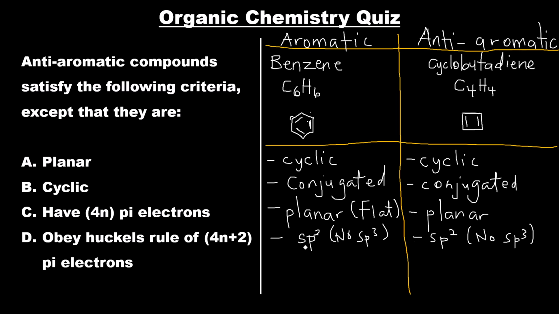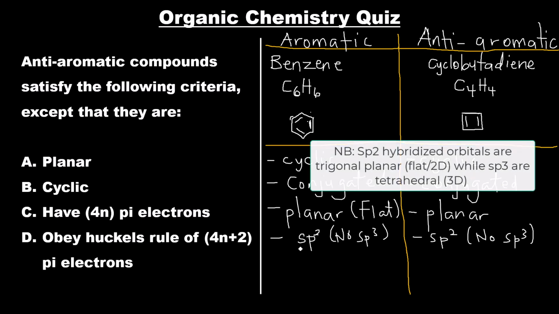Let's check that out and see if the carbon atoms here are all sp2 hybridized. Actually, for this benzene molecule, all the carbons here have only sp2 hybridization. The same thing applies to this molecule. All the carbons here have sp2 hybridization, no sp3 present. The reason being that immediately we have an sp3 hybridized carbon here, the molecule will no more be planar.